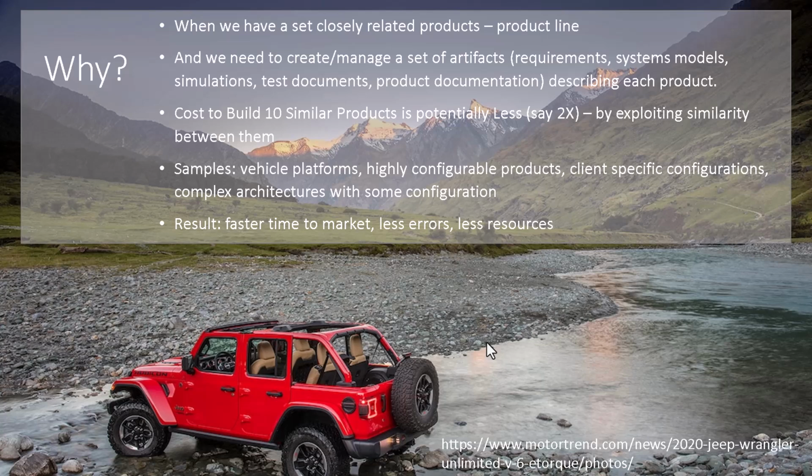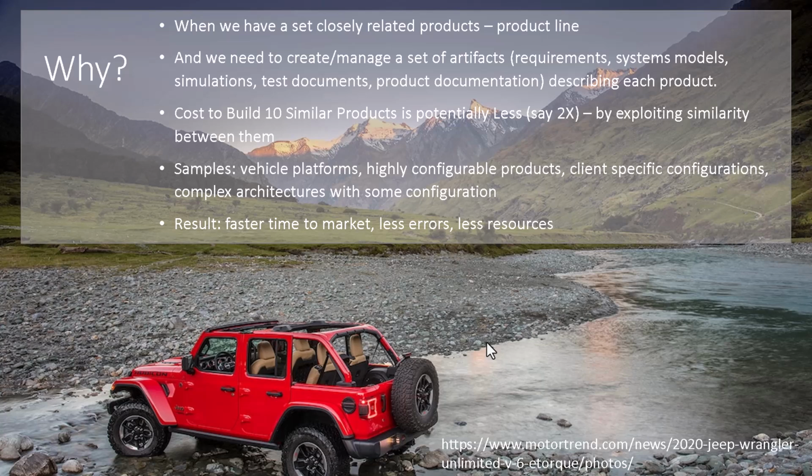Then other highly configurable products could be robotic surgeries, or configurable satellites like CubeSats and others, where you have highly configurable products and you need to produce outputs. Client-specific configurations: let's say you have like 100 possibilities to change something in the system, and each client can choose anything, right?